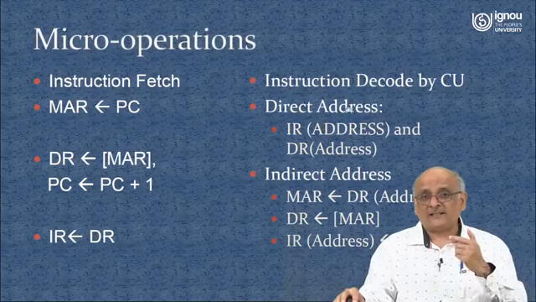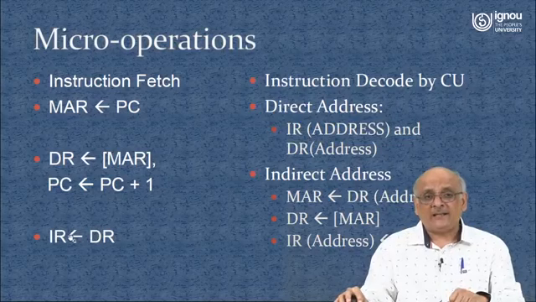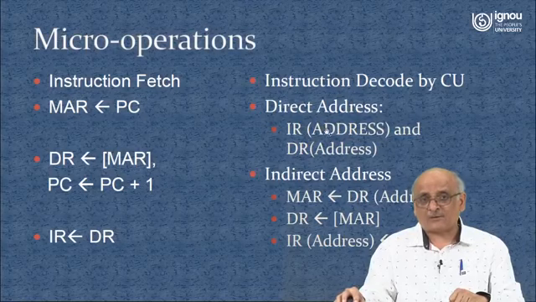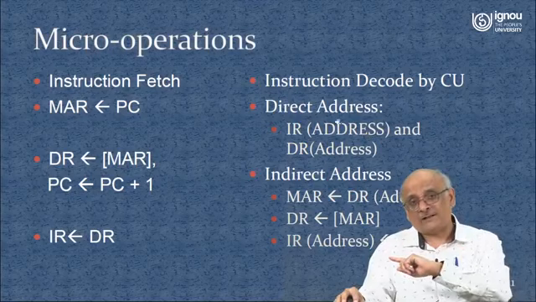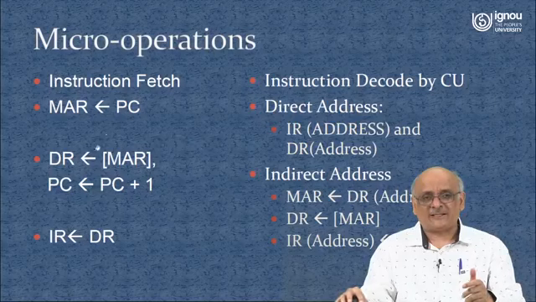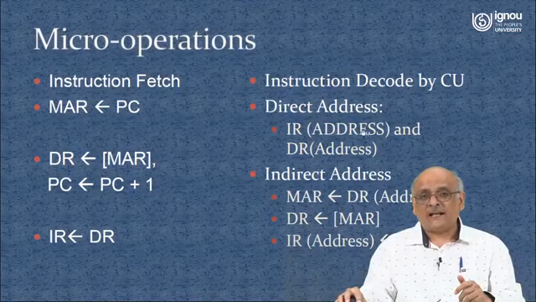Suppose it is direct addressing mode, then in the instruction register, whatever is the address portion of the instruction contains the address of the operand. Both these registers contain the same value, because DR and IR contain the same value so far.